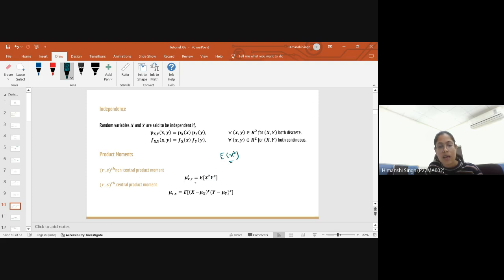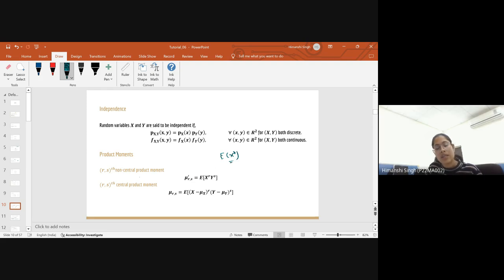And if I want to consider the central product moment, it will be the expected value of (x minus mu x) to the power r, (y minus mu y) to the power s, and this will be the rsth central product moment.